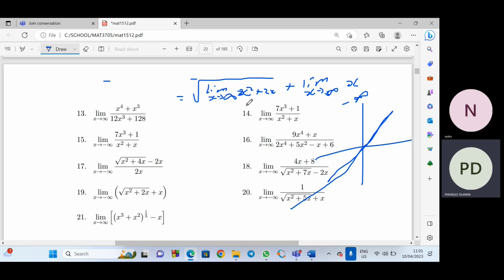And now we can also check this one inside here, for x squared plus 2x. We can rewrite it as limit when x approaches negative infinity of x squared plus 2x, which is x in brackets x plus 2.